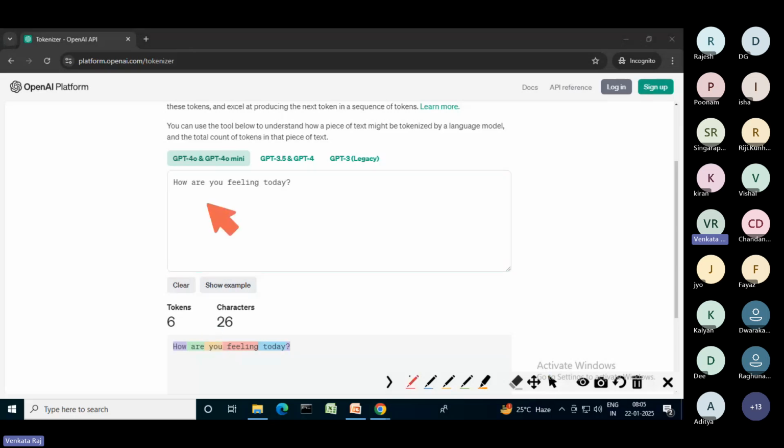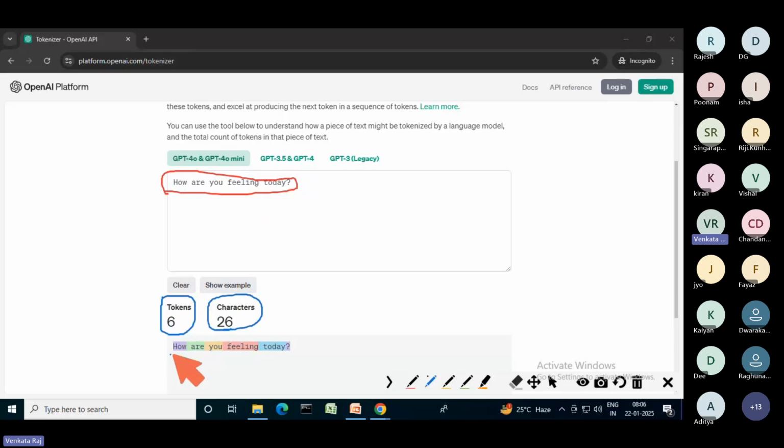Now, all of you see here, this is the text which I provided. And clearly we can see that this text, whatever we entered, has been tokenized and 6 tokens have been created. Total 26 characters broken down into 6 tokens.